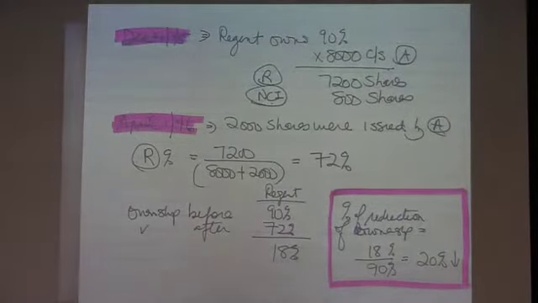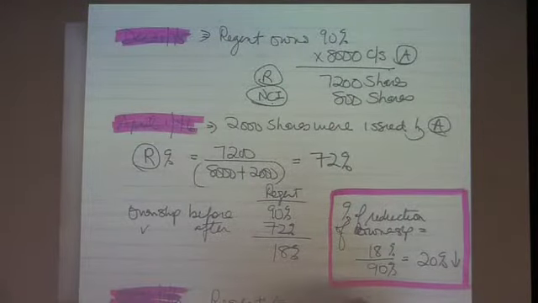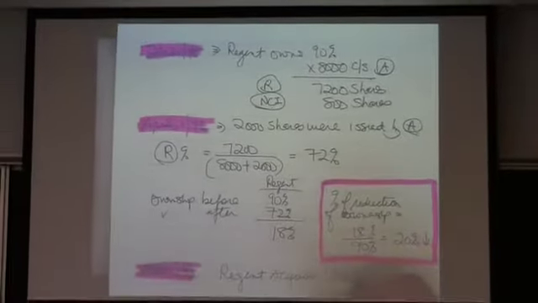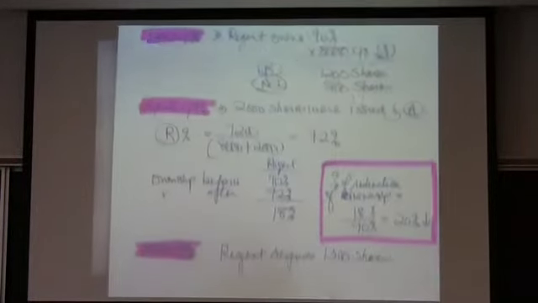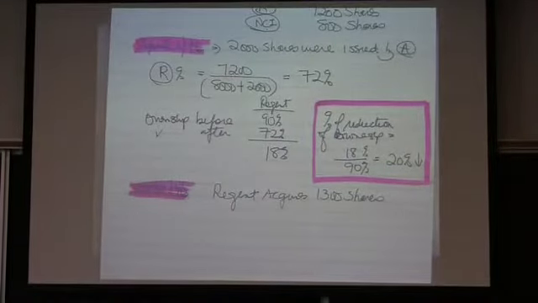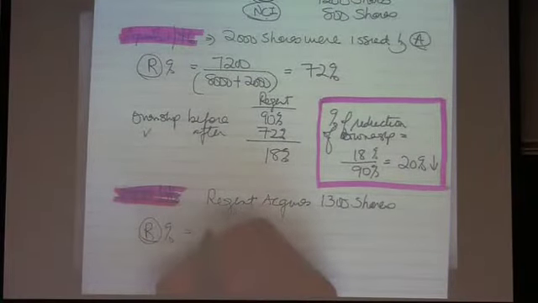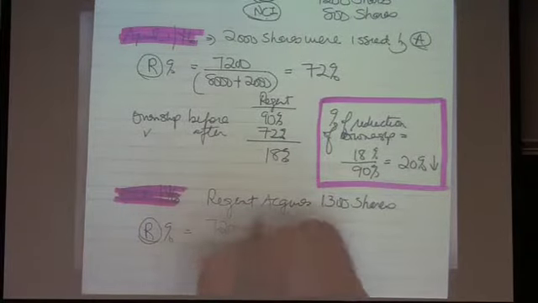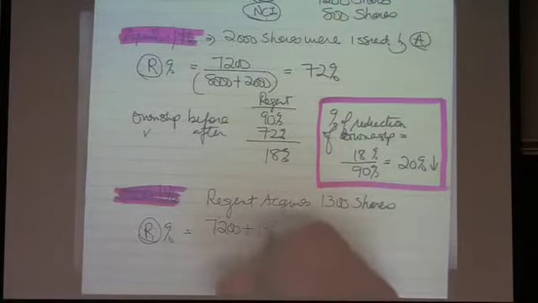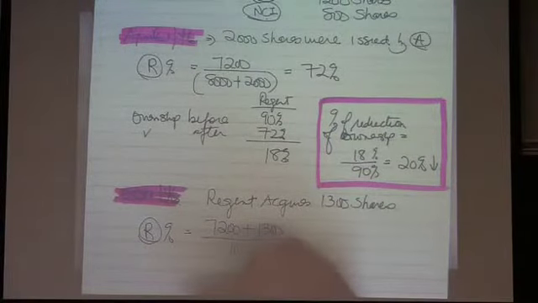Now, I want to deal with October 1st, year 6. What happened in October is Regent acquires 1,300 shares in the open market. So Regent's percentage is now, remember we had 7,200, plus 1,300, divided by 10,000 shares.